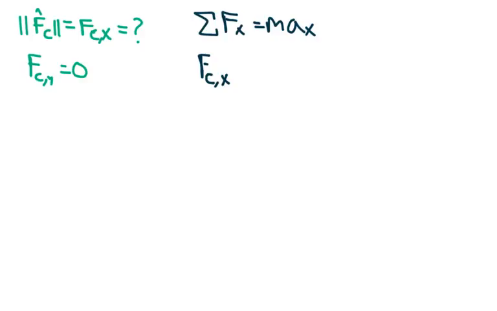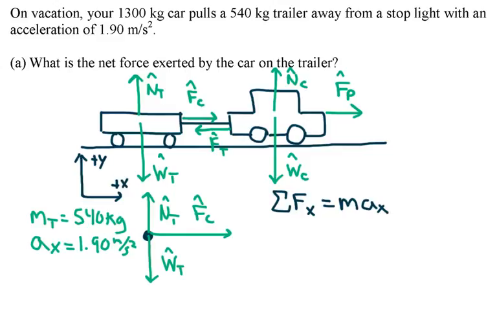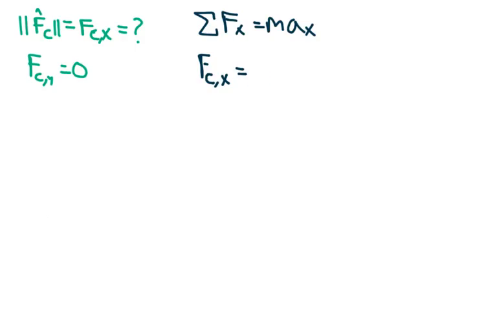Now since that is the only one, I just say that's equal to. Now, what mass am I using here? This mass is the mass of the object that we are looking at, which in this case is going to be the trailer. So we're looking at just the trailer for just a moment, so we're only going to use this m sub t, the mass of the trailer, and then of course the acceleration of the trailer in the x direction.